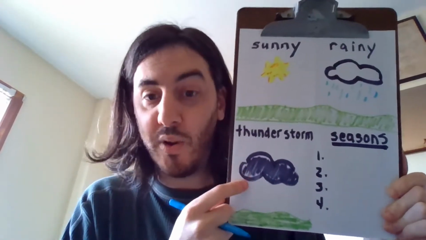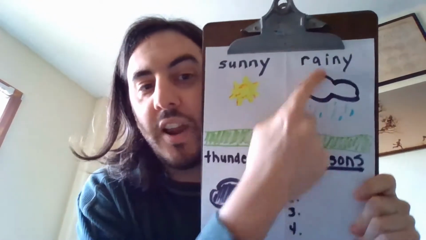Then we're going to draw some rain in the Thunderstorm one as well. Once you draw your rain, you can put the blue marker away. So we have rain coming out of the rainy cloud, and in the Thunderstorm we have some rain as well.